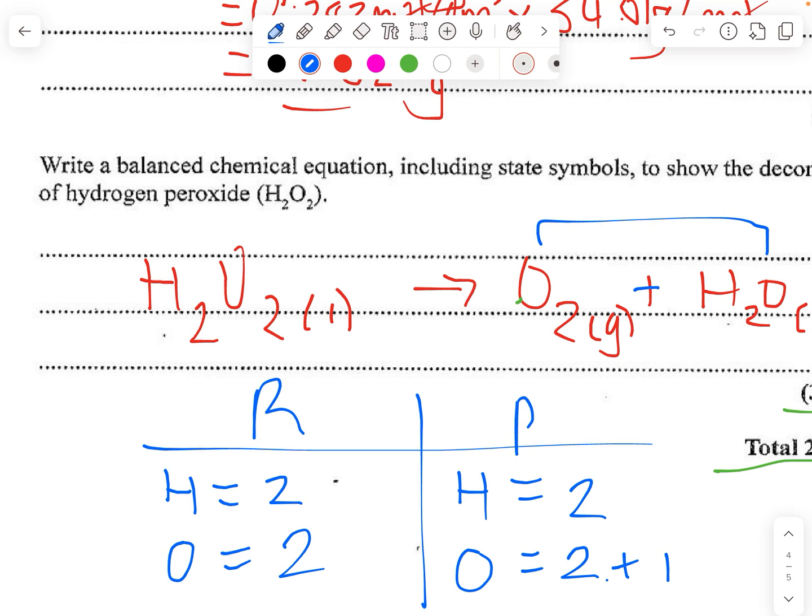So let us balance. We have hydrogen that is balanced, yes, but oxygen is not balanced. As we can see on the product side, we have oxygens present in different compounds. So what I recommend is that the oxygen on the product side is equal to 3, and the one on the reactant side is equal to 2.